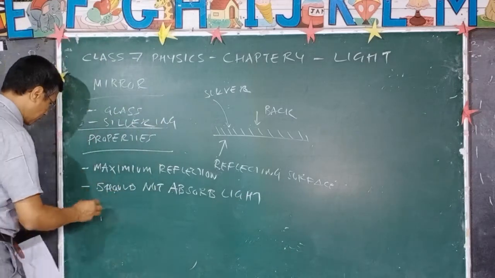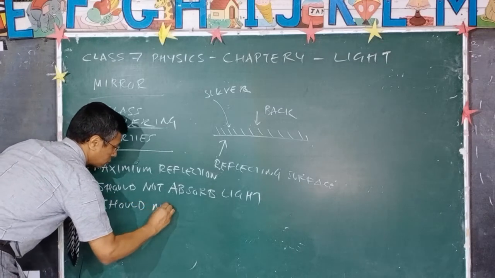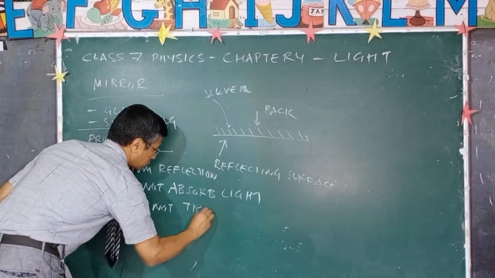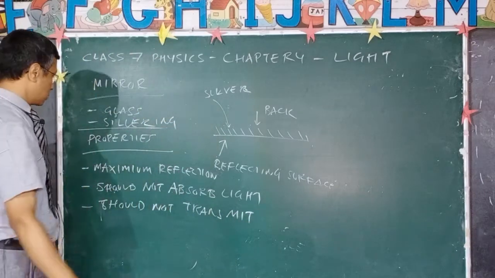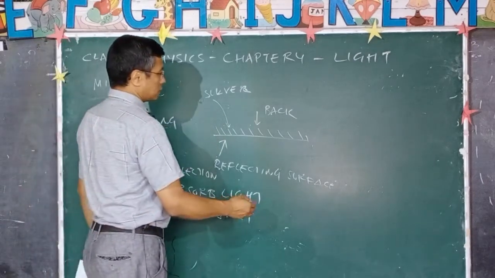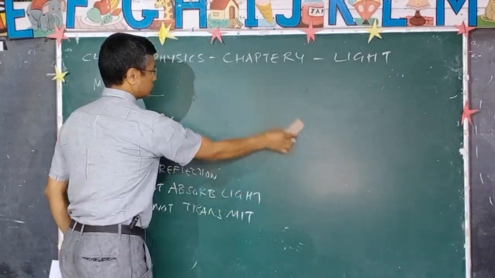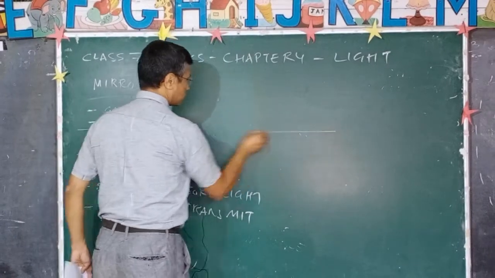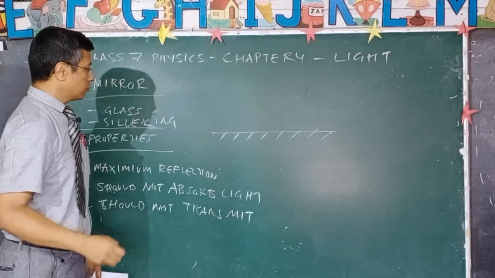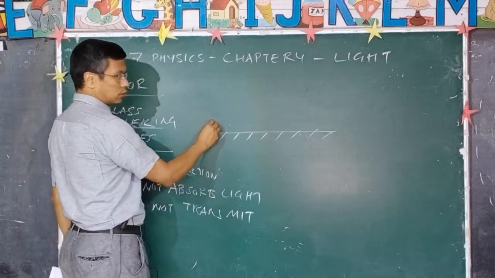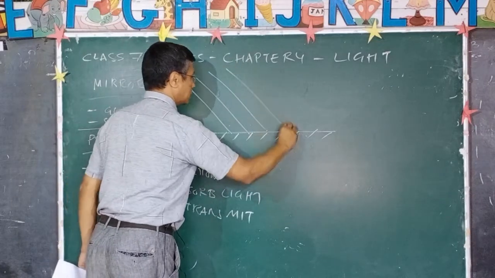light, and it should not transmit the light also. Now what this means is, if we have a mirror surface like this, and this is the reflecting surface on top, let's say for example we have 4 rays of light.